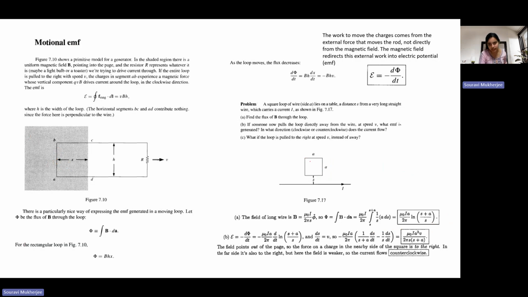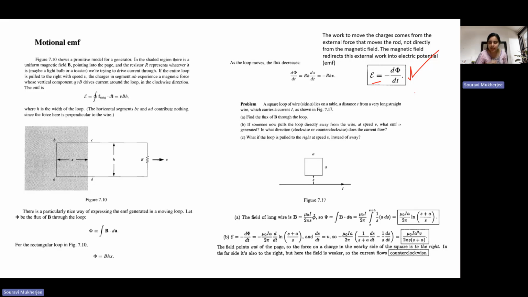Now one can also think of it in a different way, from this negative sign that you see here. This minus sign tells us that the EMF that gets generated is in a direction opposite to how the flux changes. As you go away from your current carrying wire, your flux is decreasing.